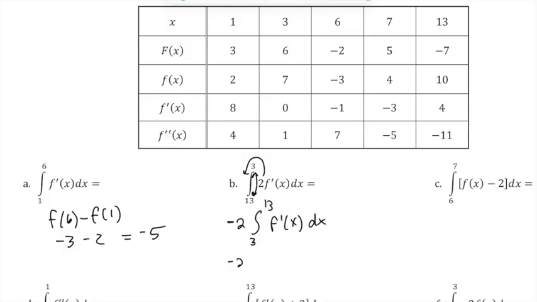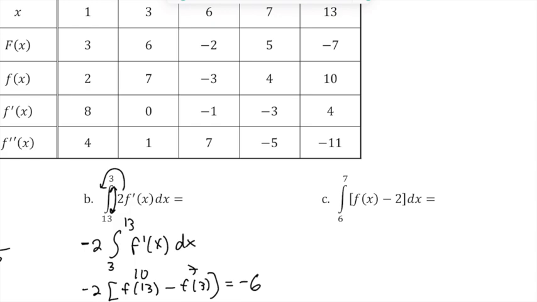So this is just going to be negative 2 times f of 13 minus f of 3. F of 13 is 10, f of 3 is 7. So this is going to give me 10 minus 7, which is 3, times negative 2, which gives me an answer of negative 6.